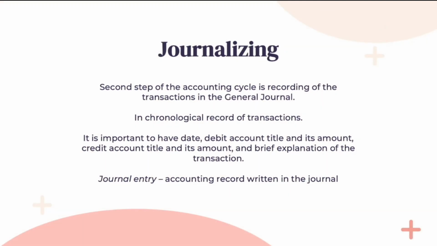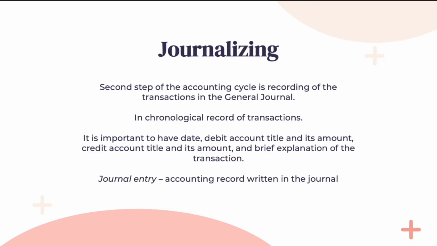Now, journalizing. It is the second step of accounting cycle. It means recording of transactions in the general journal. Take note that journalizing must be in chronological record of transactions. It is important to have date, debit account title and its amount, credit account title and its amount, and brief explanation of the transaction.